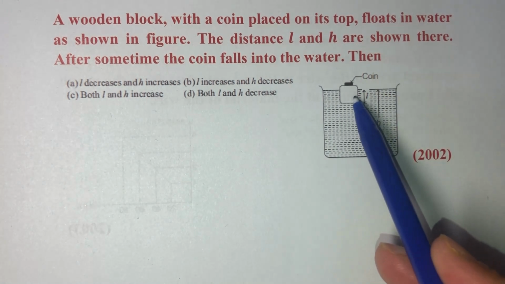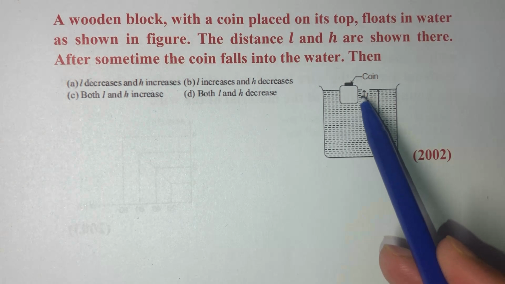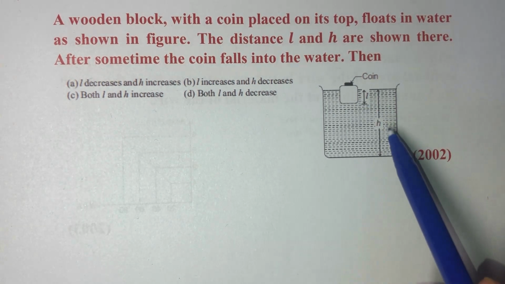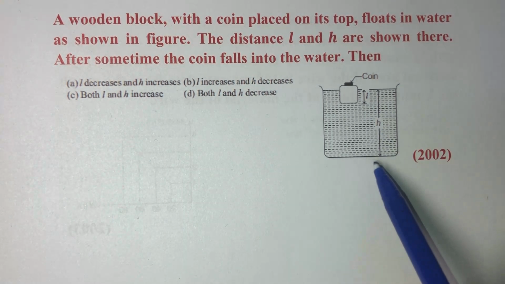So this is a wooden block, we have a coin, and the length small l is given as the part of the wooden block which is immersed in the water, and h is the level of the water from the base.